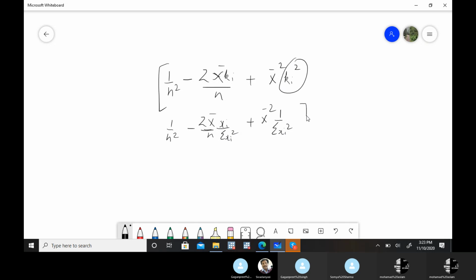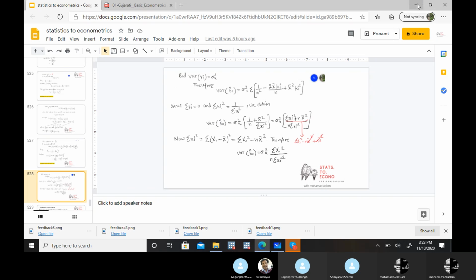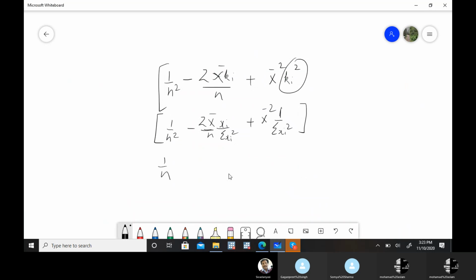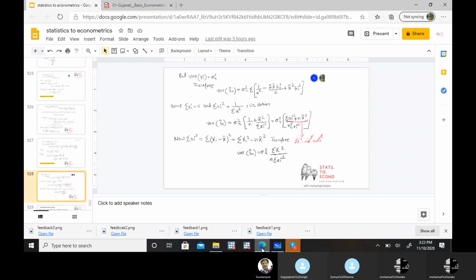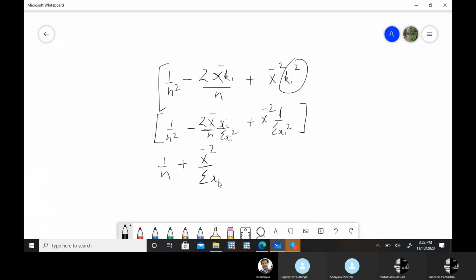We can solve these two terms, and we will remain with 1 by n plus mean square upon summation xi square. So we have to prove this particular equation.